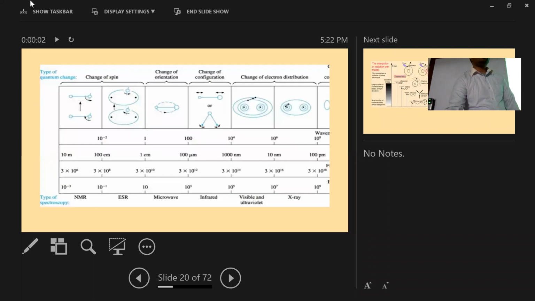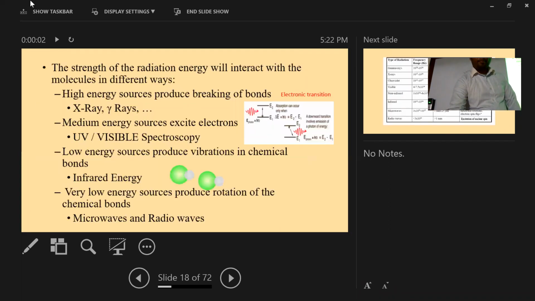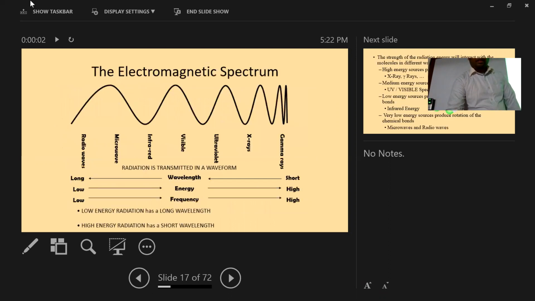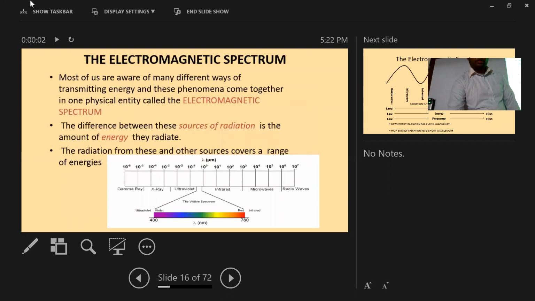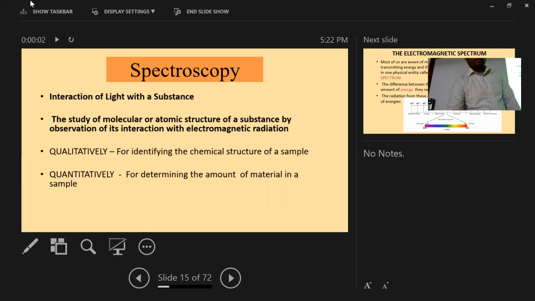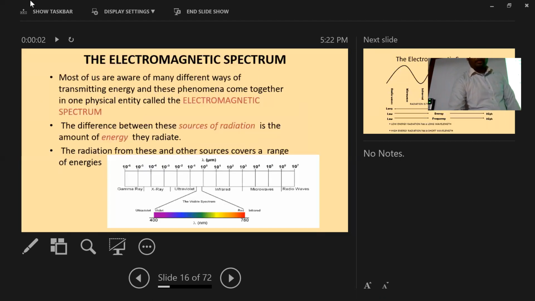Any question? Okay. What I wanted to show in the last class, we have mentioned the electromagnetic spectrum, and that is related to the wavelength and the energy. All the electromagnetic spectrum, what I have shown here, sorry, that one.